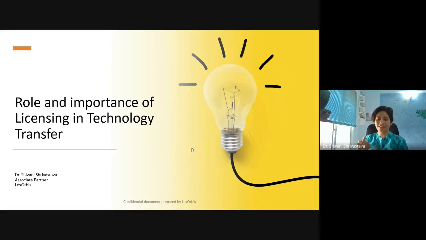They write in their resume that they have published 10 or 15 papers and filed 5 to 6 patents. And then usually people are not interested in commercializing the technology, which is very important for the person who worked on the technology and also for the economic growth of the country.